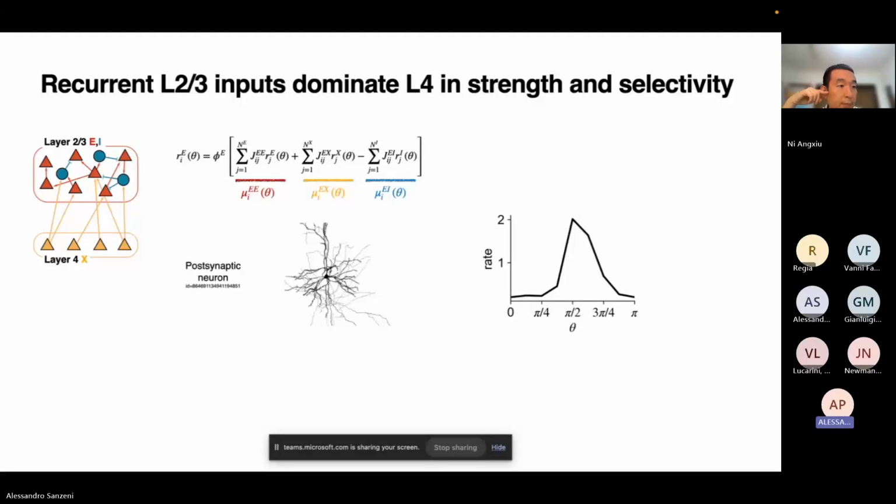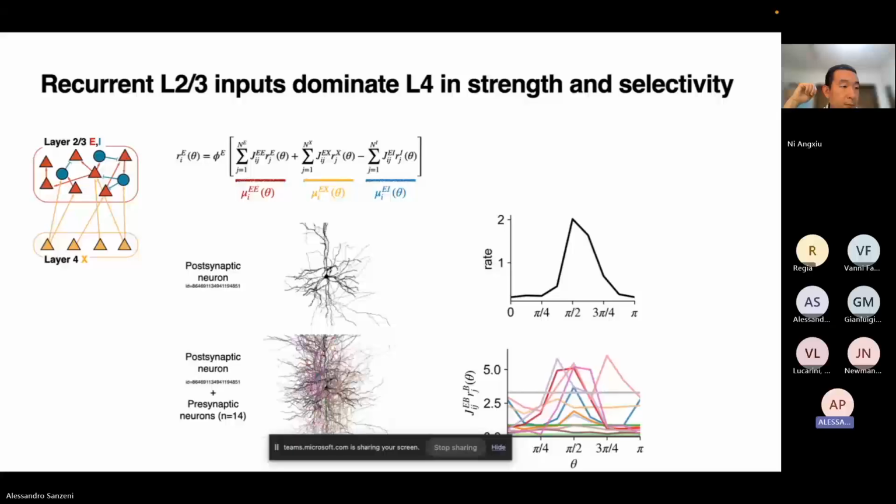So we take a neuron, this is its reconstruction, and this is its tuning curve. Then for this neuron, we can query the connectome and look at its presynaptic partners. These are those from this specific neuron. For each one of these cells, we can estimate the individual contribution, this term here: the firing rate of the neuron multiplied by the synaptic strength.